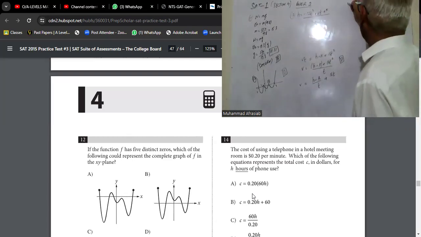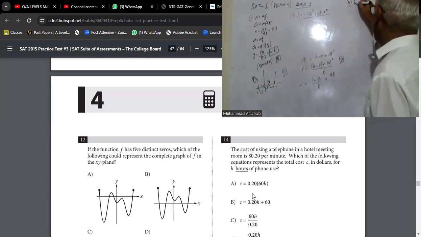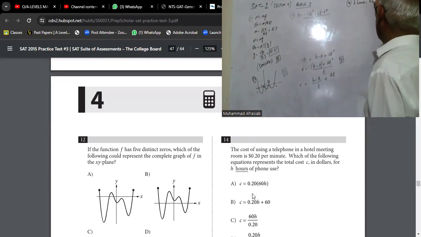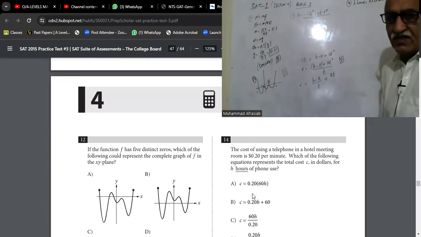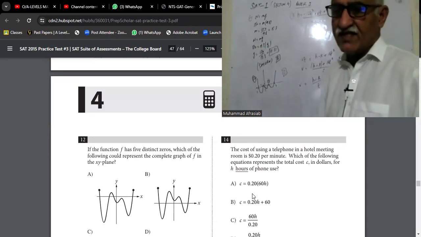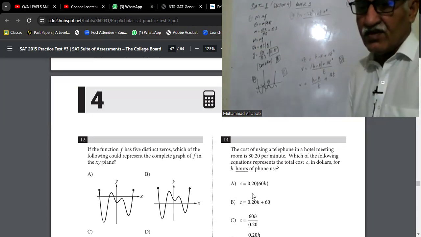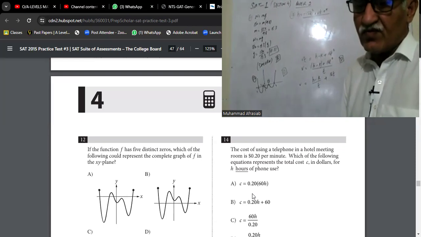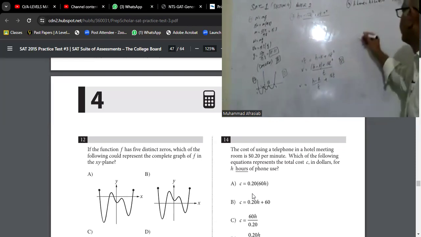So question number 14. H hours, in other words, means H into 60 minutes. The rate is given there for one minute, 0.20 per minute.